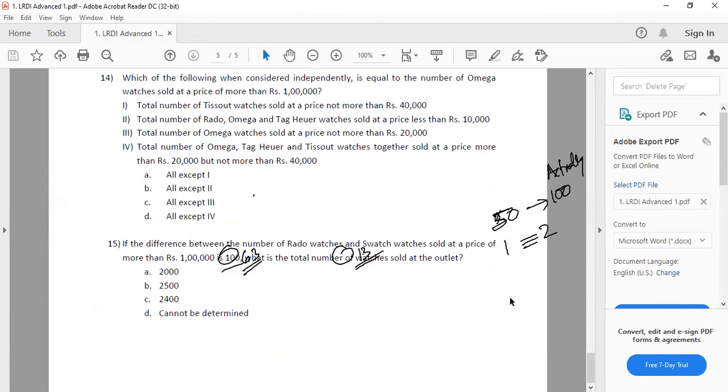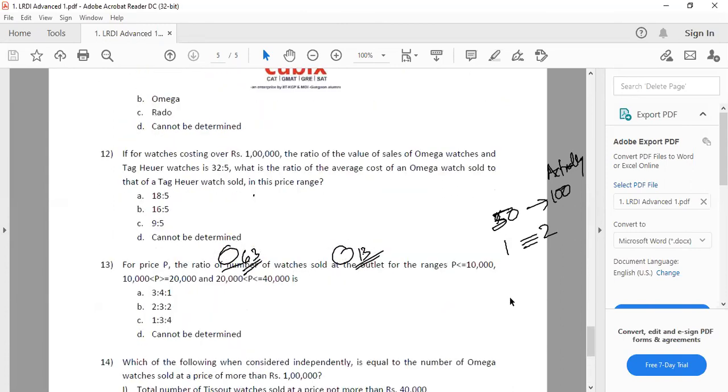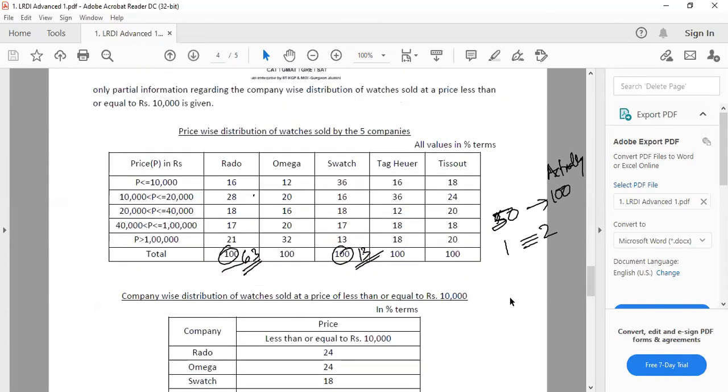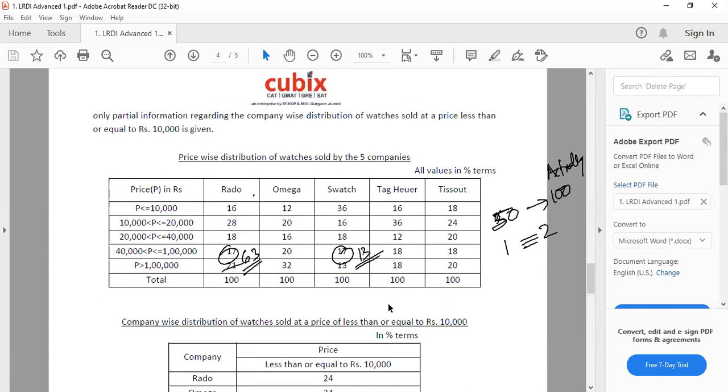So they are saying, what is the total number of watches sold? So okay, you add up everything. So this was 300. This was I think 400. This was the same. This was double. And this was also double, is it?